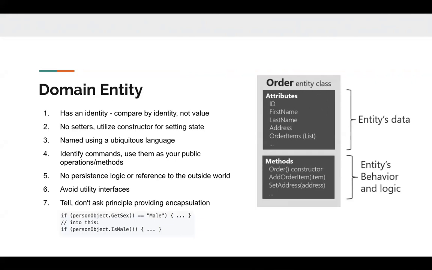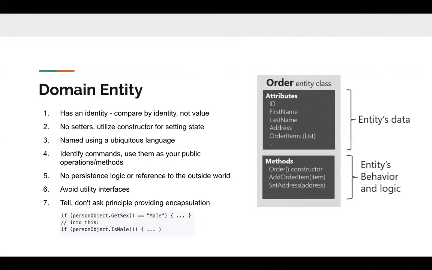Are they written as past tense or present? They're written as a command. Make sure you write your methods as commands. Now you can go above and beyond that and follow more of a CQRS pattern, where you invoke commands, which command handlers act upon, which then call your domain methods. But we're not going to get into that today.